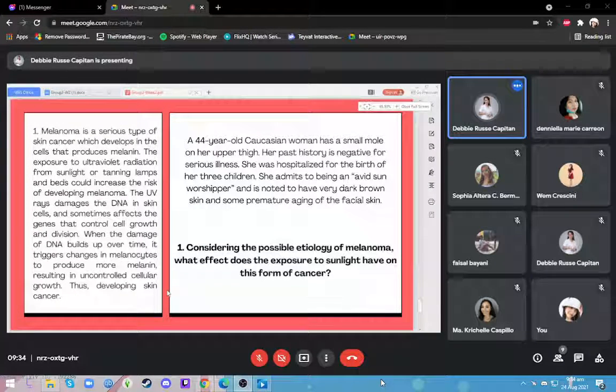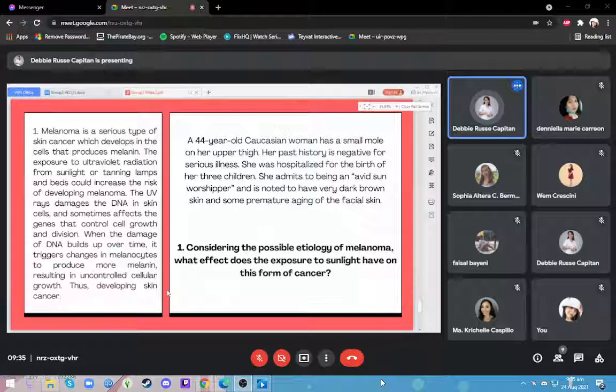For the first question, considering the possible etiology of melanoma, what effect does the exposure to sunlight have on this form of cancer? Melanoma is a serious type of cancer which develops in the cells that produce melanin. The exposure to ultraviolet radiation from sunlight or tanning lamps and beds could increase the risk of developing melanoma.